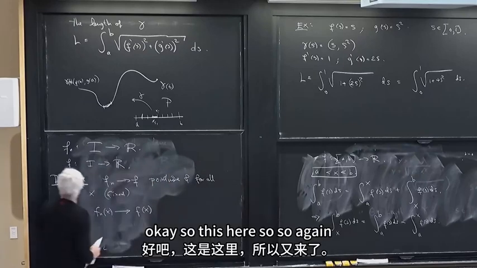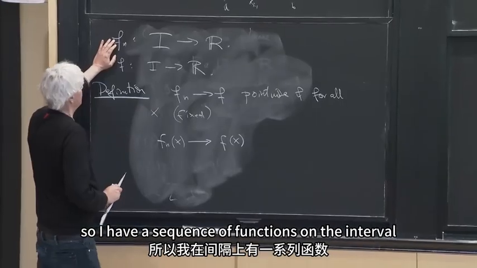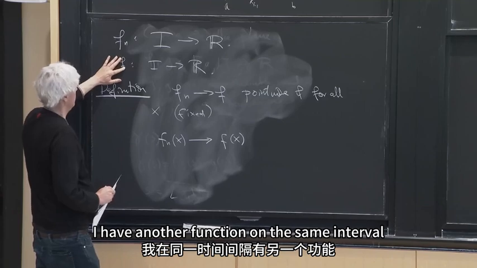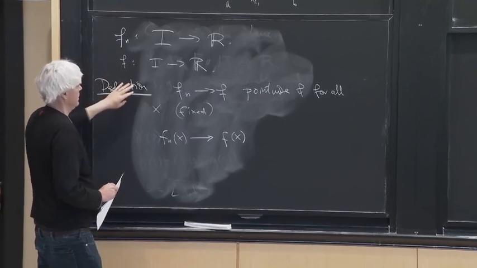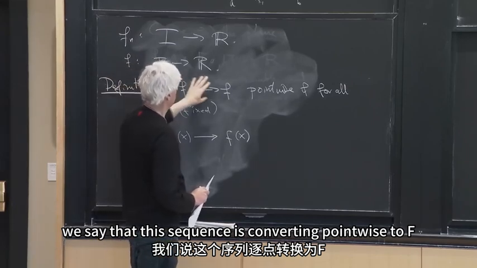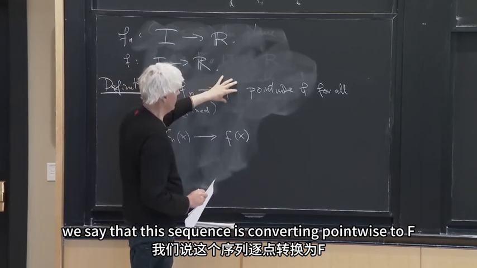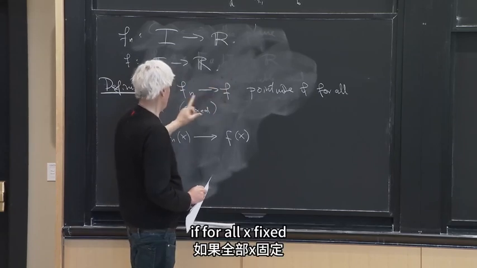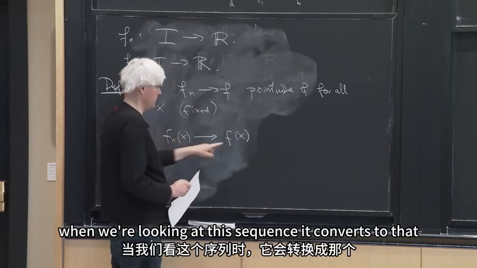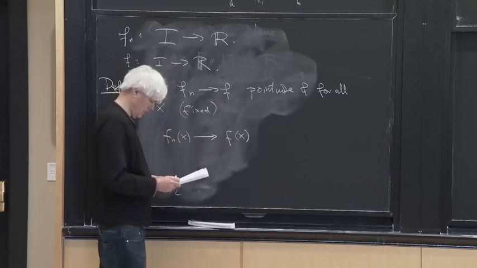Okay, so again, I have a sequence of functions on the interval. I have another function on the same interval, and we say that this sequence is converging pointwise to f if, for all x fixed, when we're looking at this sequence, it converges to that. Right?